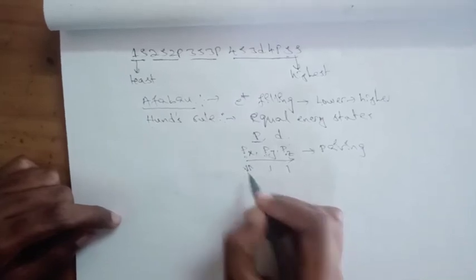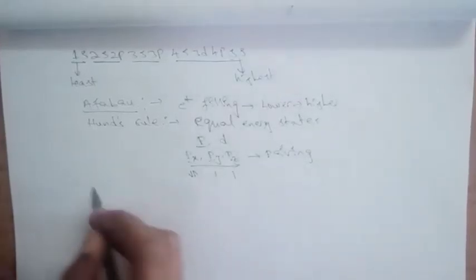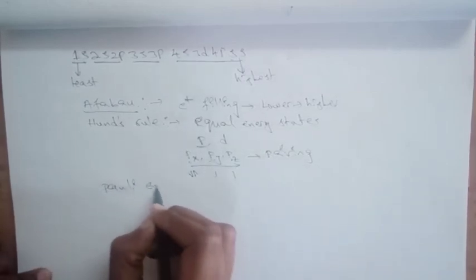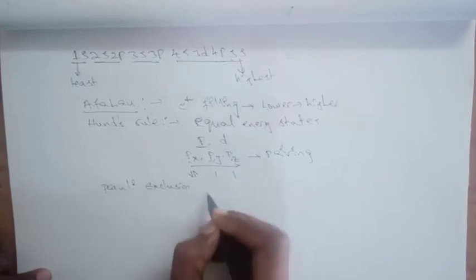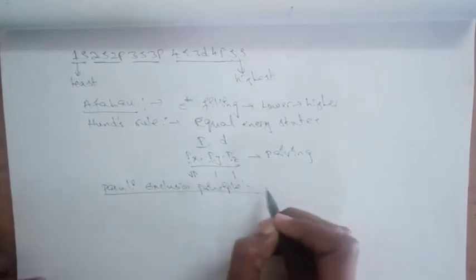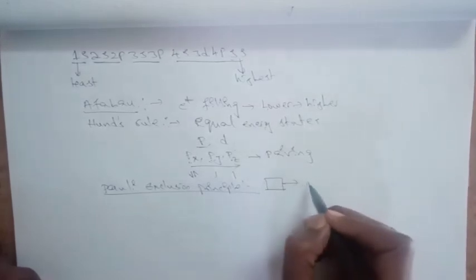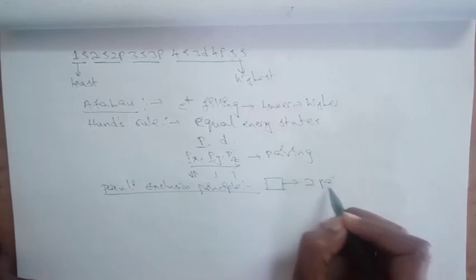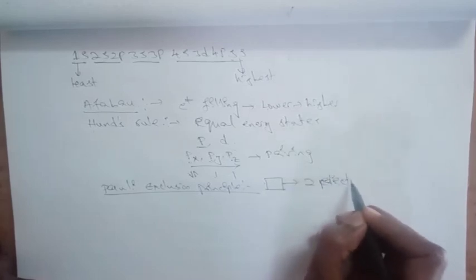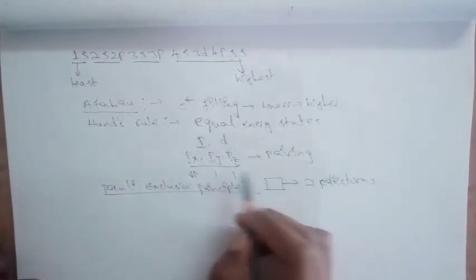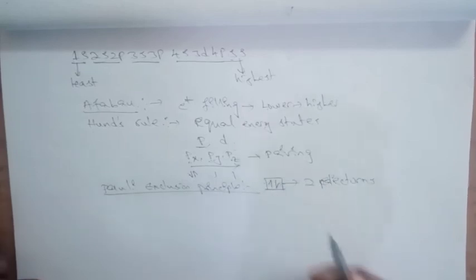The last concept is the Pauli exclusion principle. It indicates that each orbital consists of only two electrons.